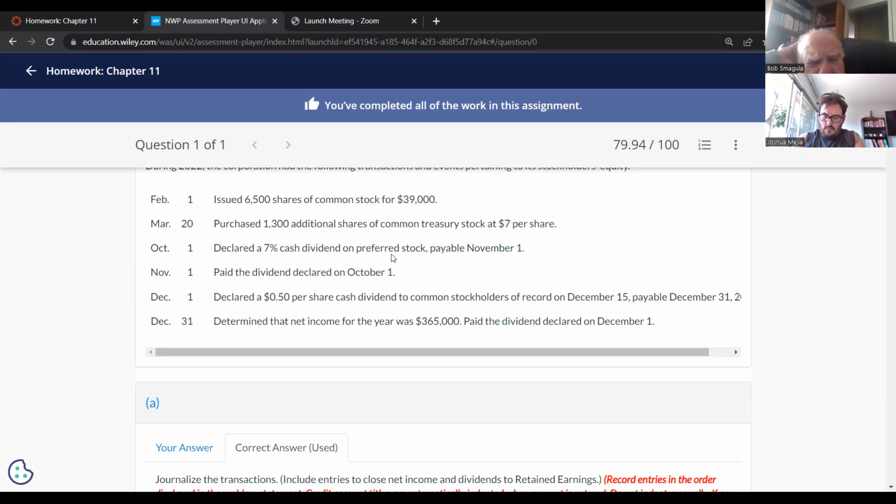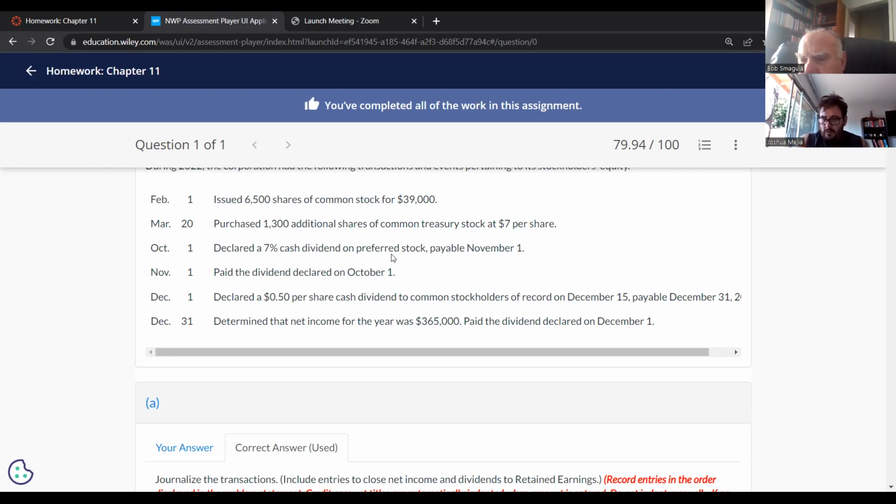Except on the test, you won't have to do an average. You're just going to say, we have 1 million outstanding shares, minus anything involved with the preferred stock.